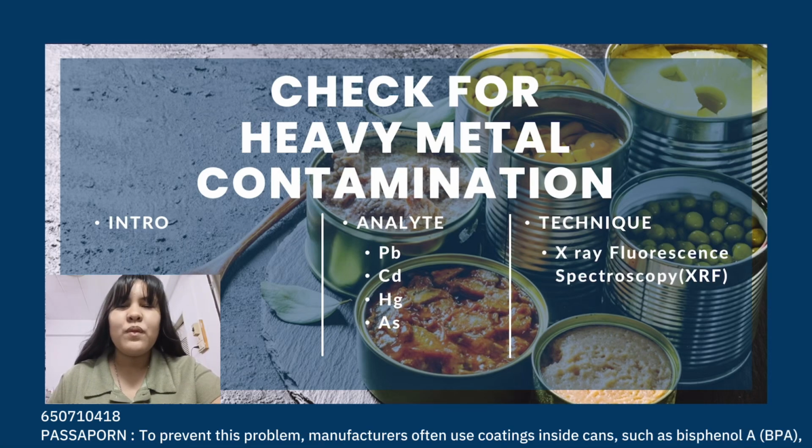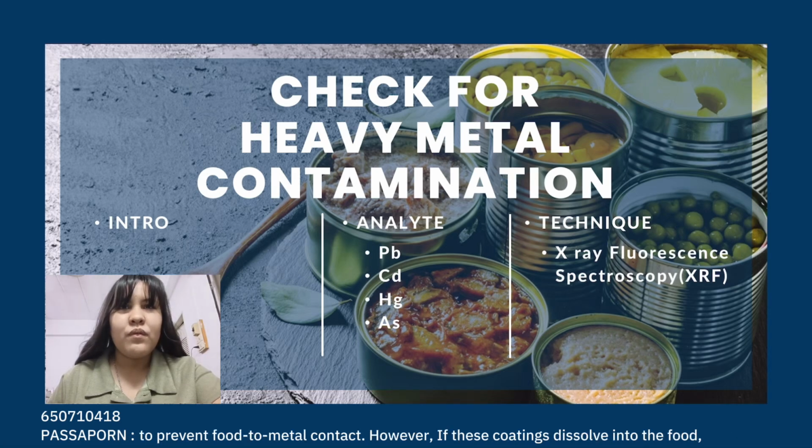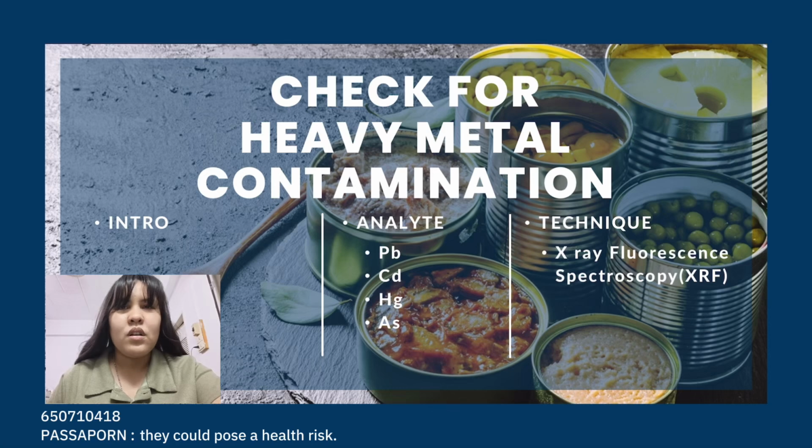To prevent this problem, manufacturers often use a coating inside cans, such as bisphenol A, to prevent food-to-metal contact. However, if the coating dissolves into the food, it poses a health risk.